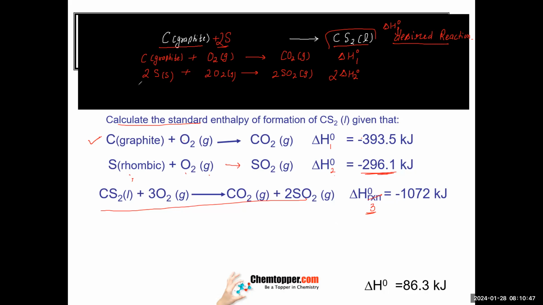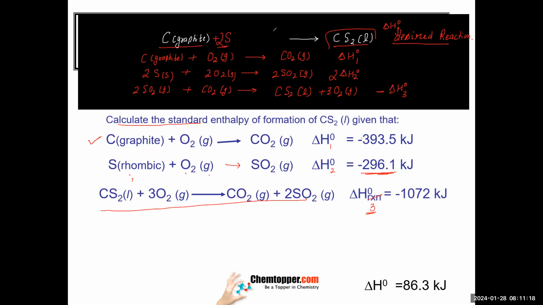Reverse it. 2SO2 gas plus CO2, I'm writing it in the reverse manner. See, I'm reversing the equation. So my delta H of the reaction for the third equation will also get a reverse sign. Now delta H naught 3 should be multiplied by minus because I reversed the equation. Correct?